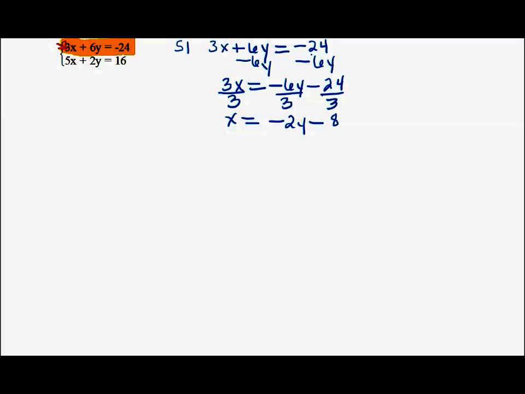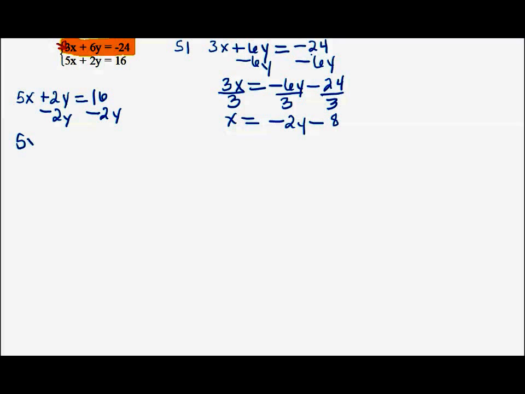Now I want to show you what would have happened if I would have used this second equation. I don't need you to write this down. I just want you to watch and see what happens. Let's say I had 5x plus 2y equals 16, and let's say I solve for x in this case. So I'd subtract the 2y from both sides.